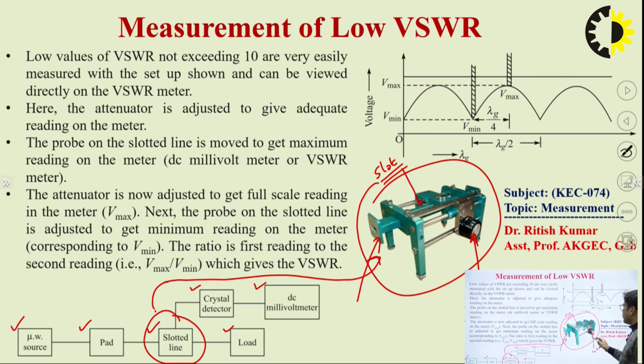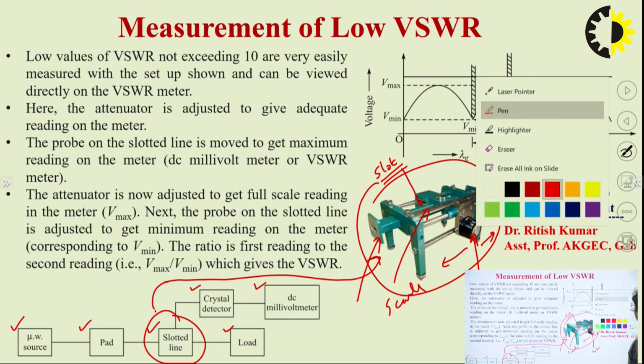You can move it from left to right, whichever direction you want, over the slotted section. And you can see this one is the scale. From this scale you can measure the distance with respect to the reference point. So this is about the slotted waveguide section that we use in this microwave test bench setup.